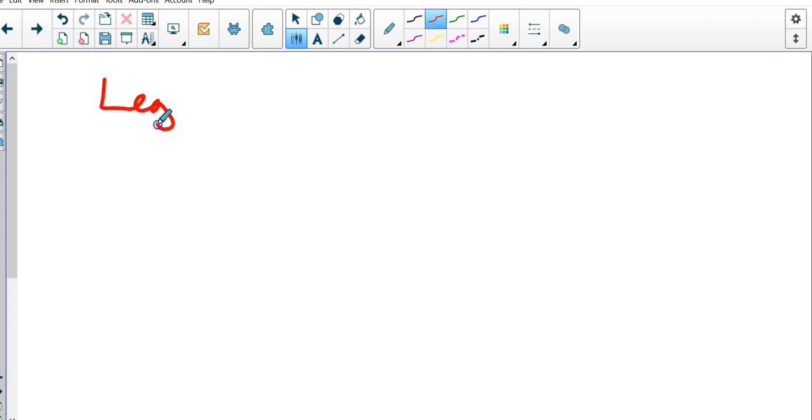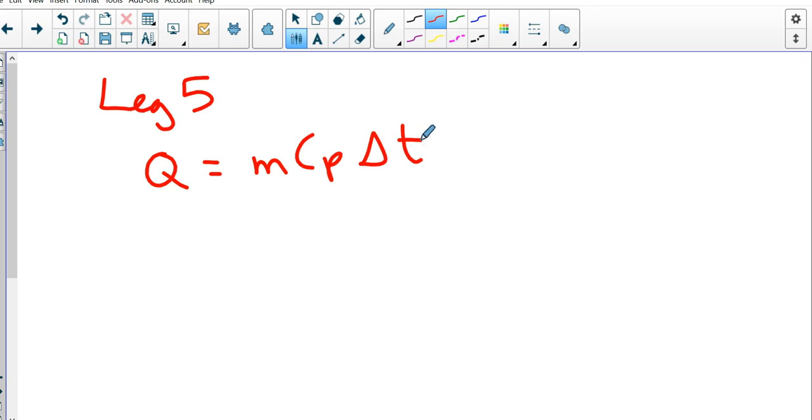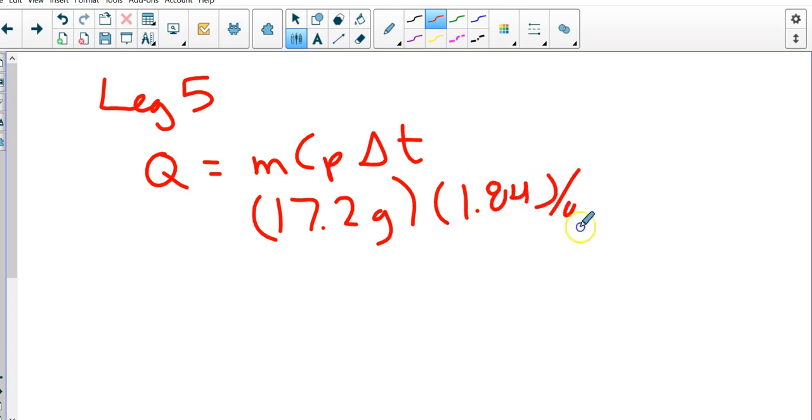So leg 5, it's slanted, so I'm going to use the Q. What was the temperature change?